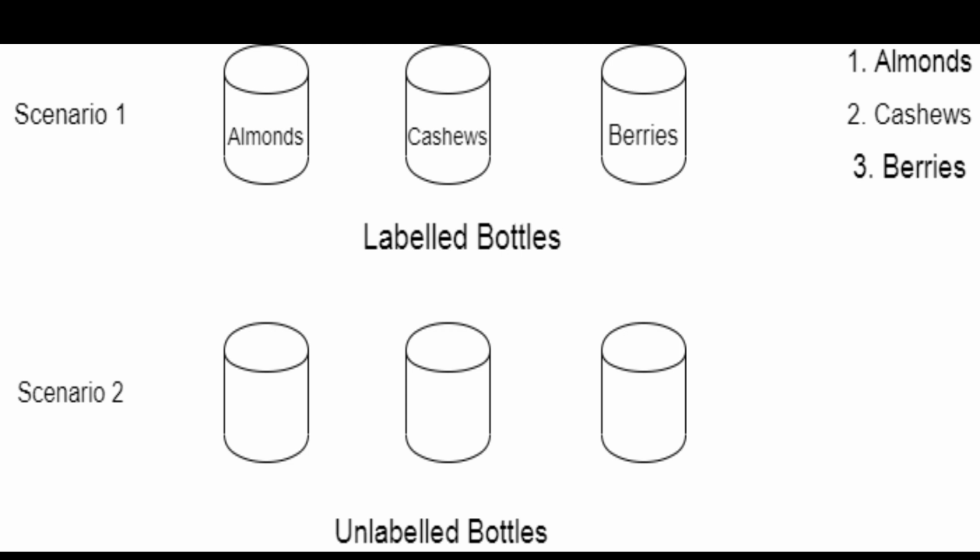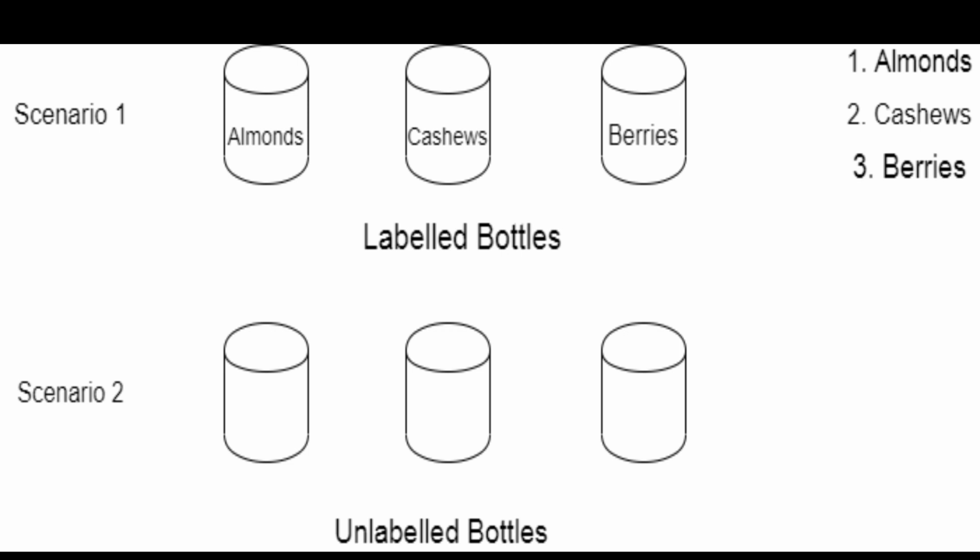Now I am going to relate this scenario with programming language. These cashews, almonds and berries represent the different data types, that means different values like integer, float and string. I am going to store these three into the first shelf bottles as well as the second shelf bottles.